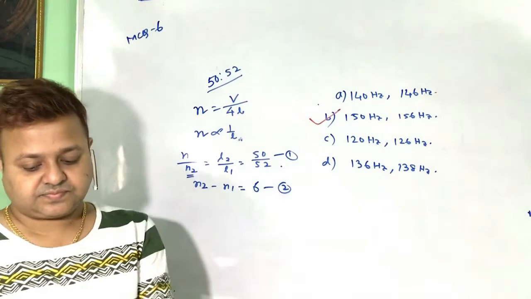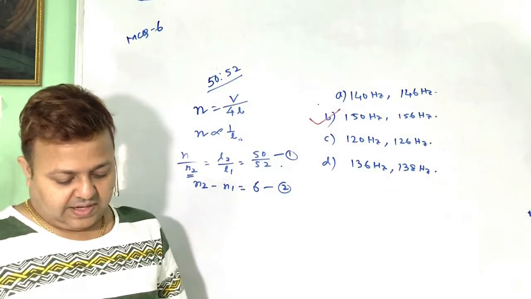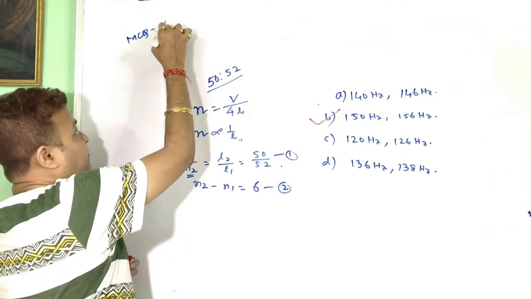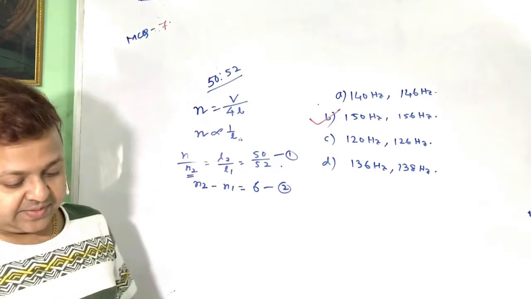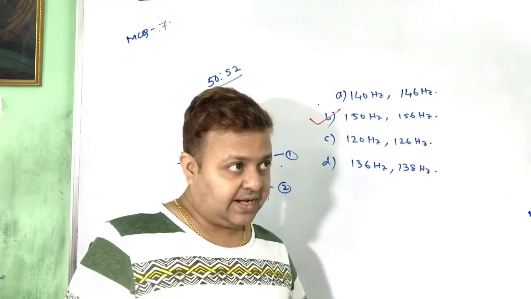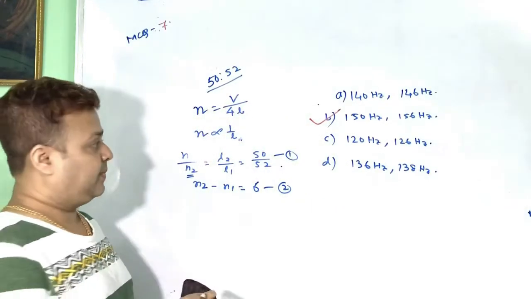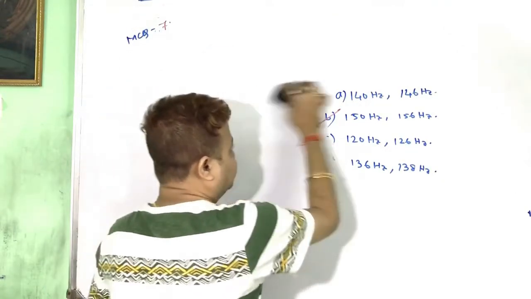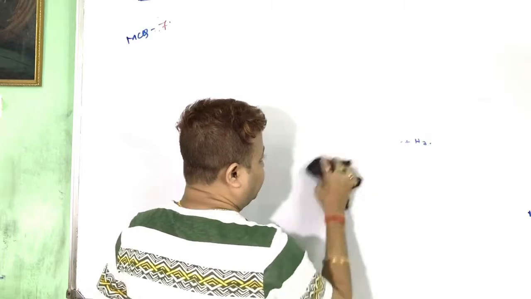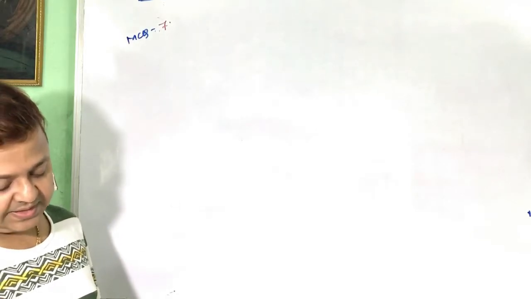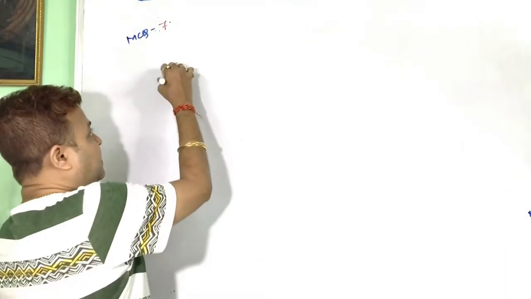Next, number 7. An object of specific gravity rho is hanged from a thin steel wire, and the fundamental frequency is 300 Hz.